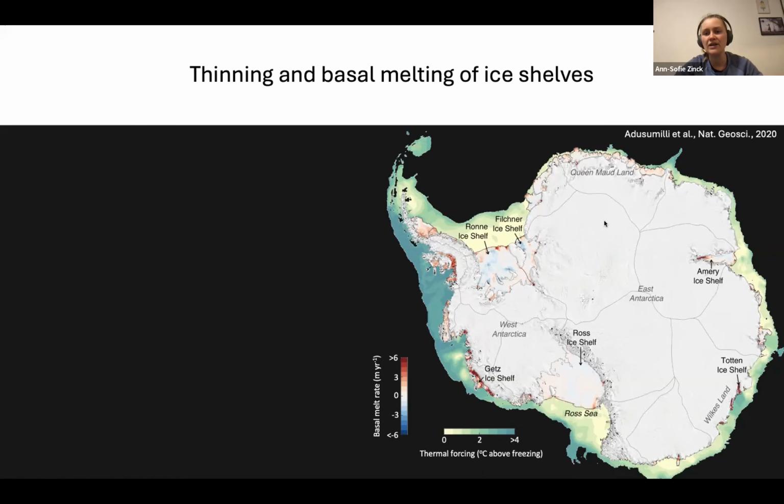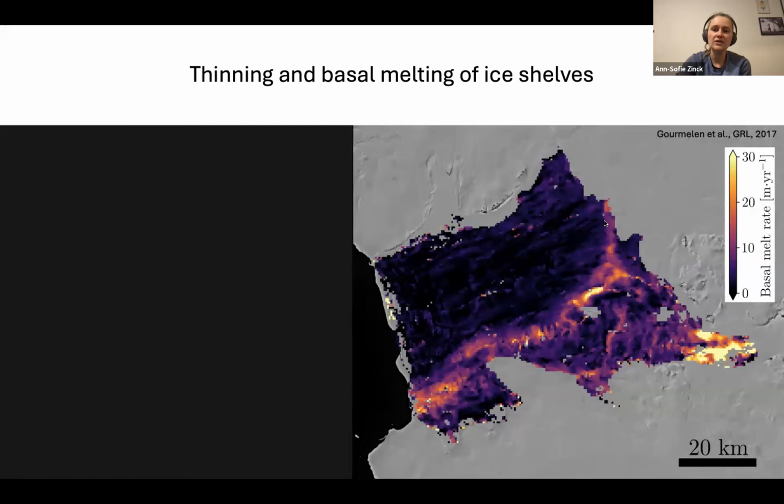But if we zoom into an ice shelf, such as the Dotson Ice Shelf, this is from another study, Gourmelen et al., but also at a 500-meter resolution, we do see that it's not as smooth an image as when we look at all of Antarctica together. We still see spatial variability here, but we can imagine that there might be features which we're not able to represent at a 500-meter resolution.